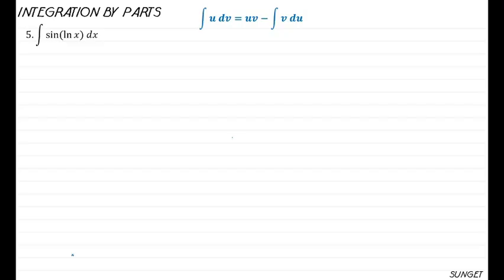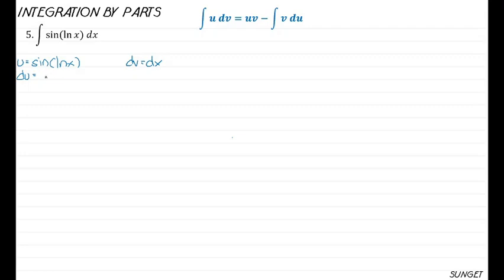Number five, evaluate the integral of sine of ln x dx. By integration by parts, let u equal sine of ln x and the dv part equal dx. Differentiating the u part, du equals the derivative of sine of ln x.